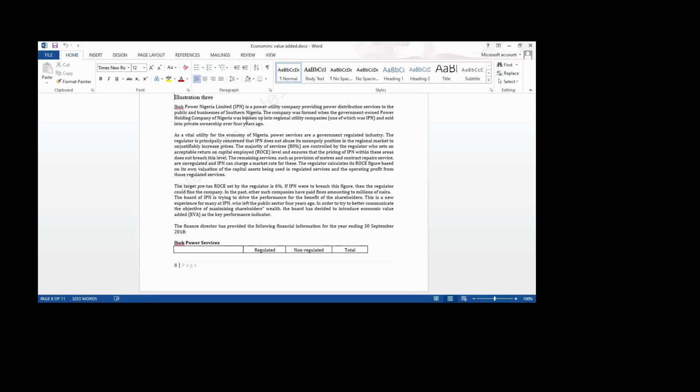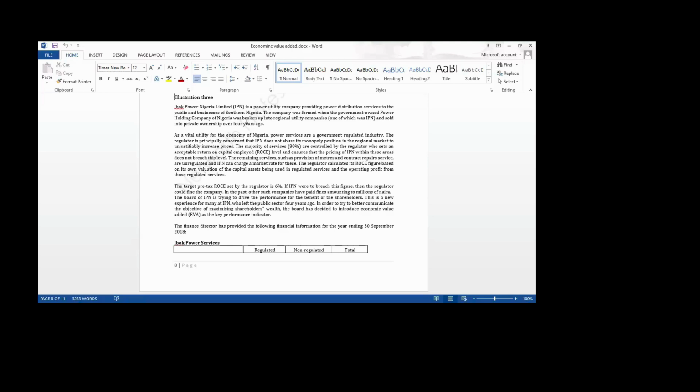In order to better communicate the objective of maximizing shareholders' wealth, the board has decided to introduce economic value added as the key performance indicator.